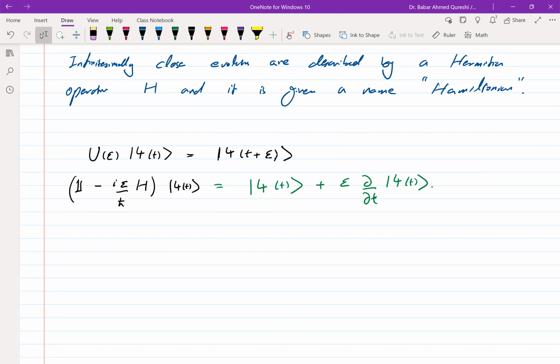So what does this give me? They cancel. When I open it up, I get this term, and this acting on psi of t. Then this term.